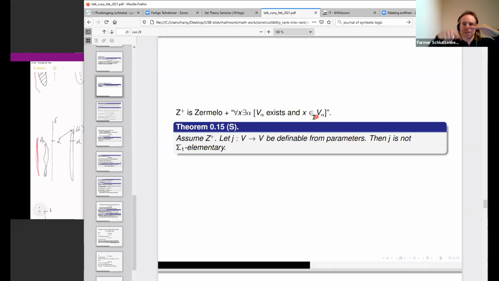So this is the natural theory for all limit rank segments, and that theory is enough to run the proof that if we work in this theory and J from V to V is definable from parameters, then it's not a sigma 1 elementary map. It's the same proof, just done a little bit more carefully. Okay.